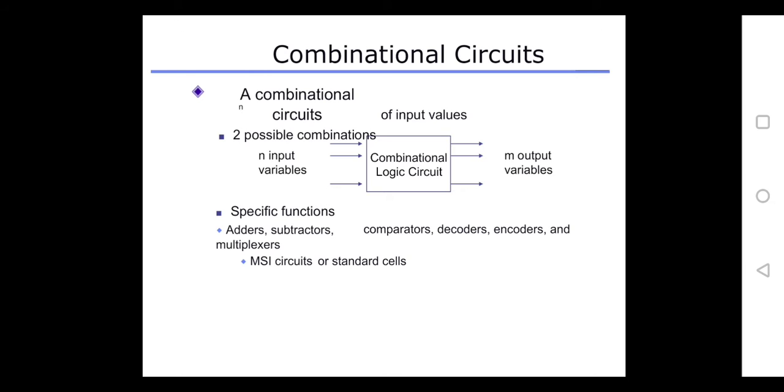If a circuit is used in order to compare the magnitude of numbers, then it is called a comparator, or a magnitude comparator. If the circuit is converting one form of code to another form of code, then it is called a code converter.